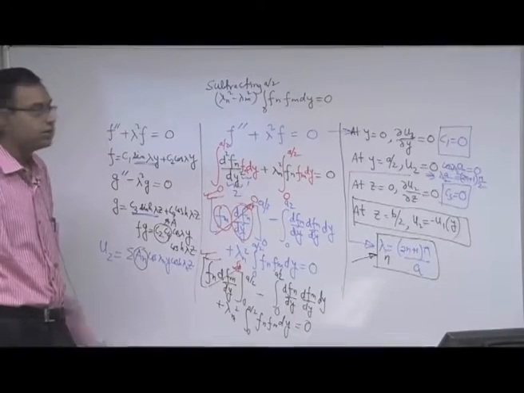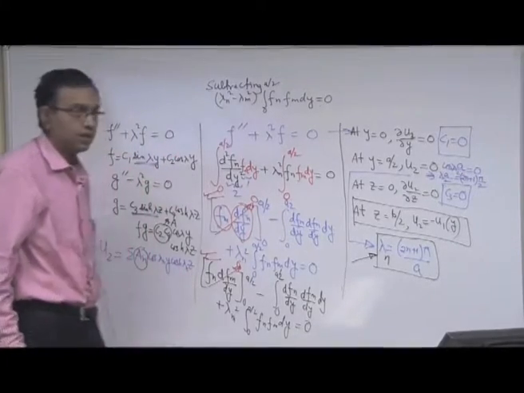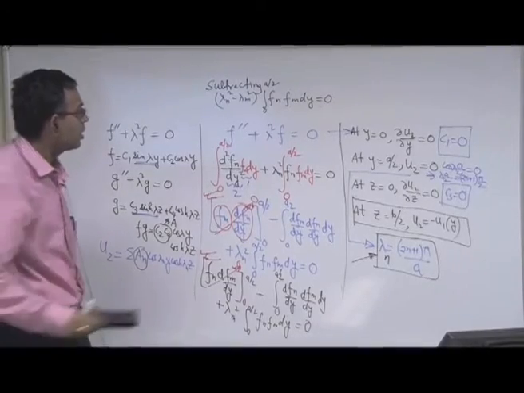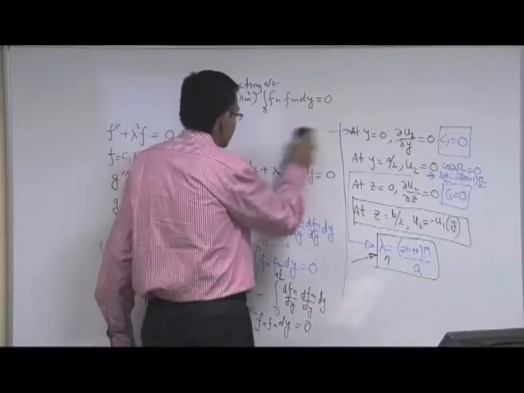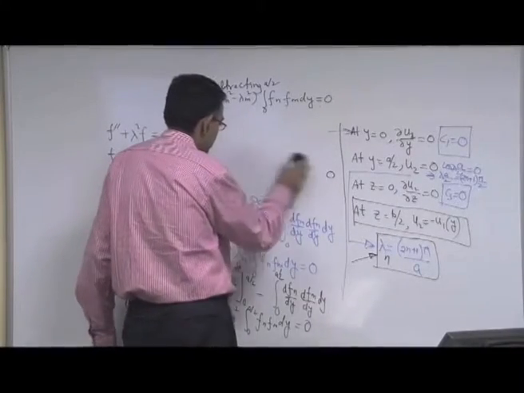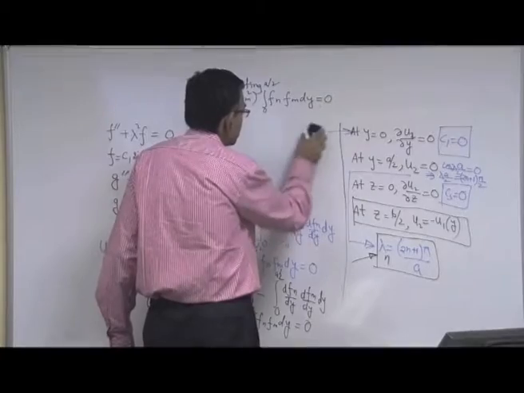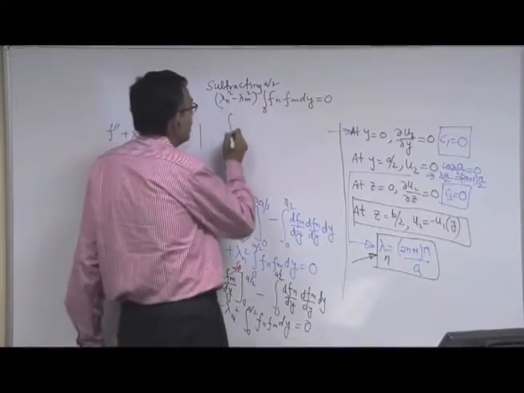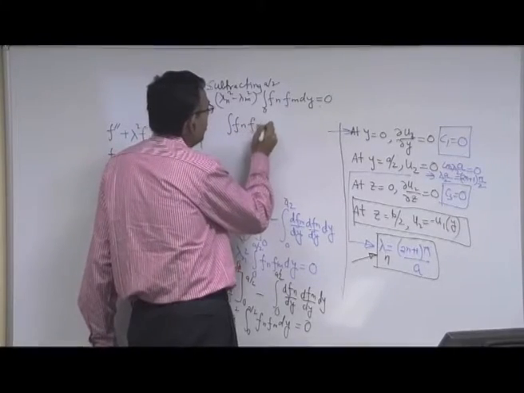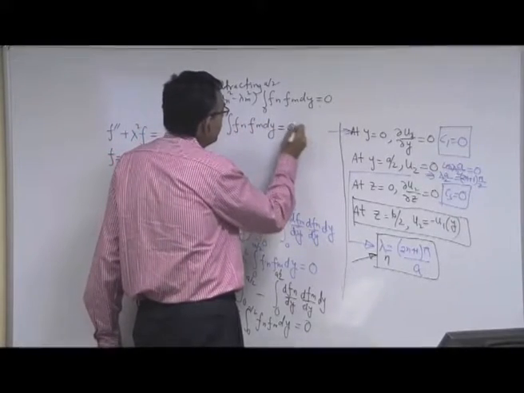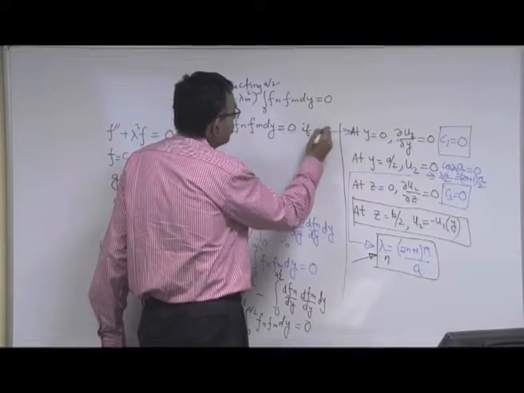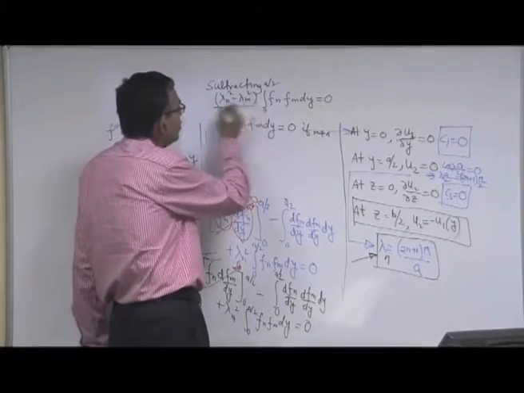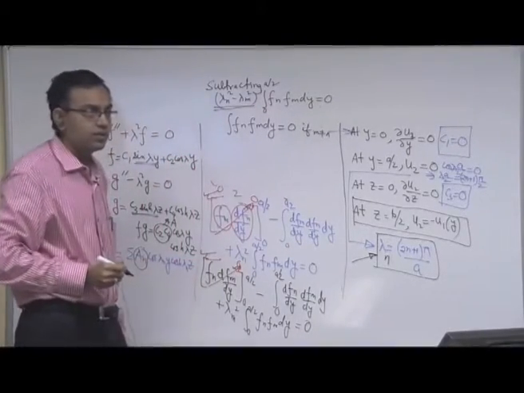What can we conclude? If this is 0, then to generalize, integral fn fm dy is equal to 0 if m is not equal to n, right, because if m is not equal to n, this term is non-zero in general.